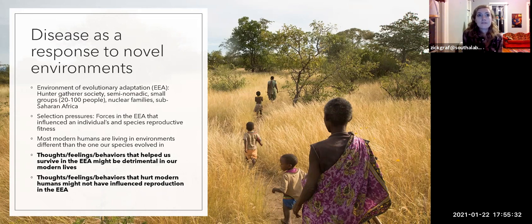Basically, the idea is that if the Hadza have a psychological experience or a certain reaction to stimuli, that probably means that that is a universal adaptation that all humans have, because they're living this lifestyle that's really close to our evolutionary environment.